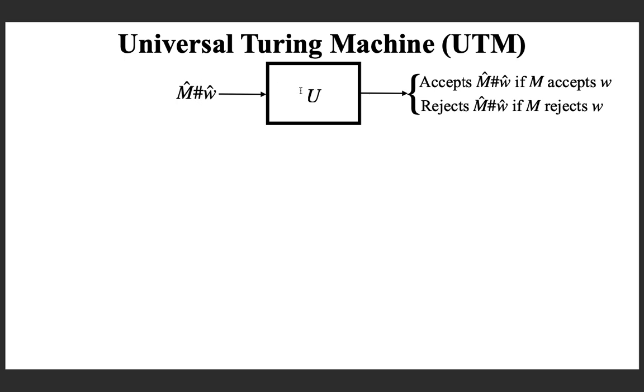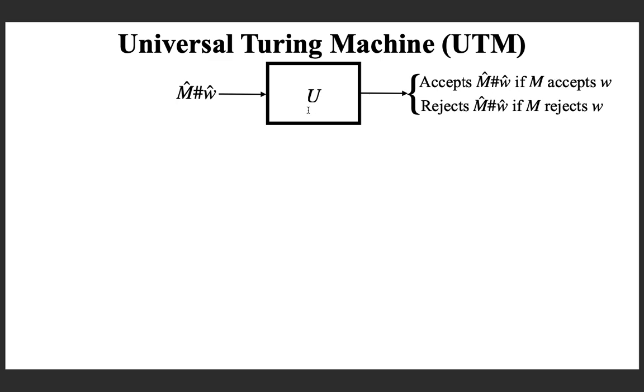So what the universal Turing machine is taking as input is a binary encoding of another Turing machine M and an input W to that Turing machine M. Actually it is taking a binary encoding of that input as well. So two binary strings separated with a hash. And what does it do? It accepts the input when the machine M accepts the input W.